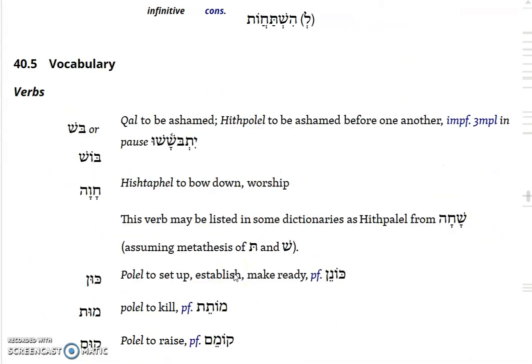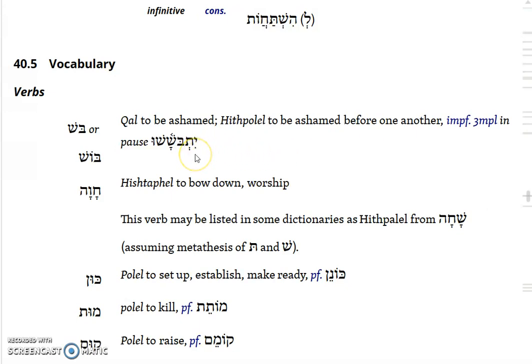Well, let's say a little bit about the vocabulary. And the vocabulary will emphasize some of these forms that occur in irregular stems. So bosh means to be ashamed, but it does occur in the hithpalel, to be ashamed before one another.